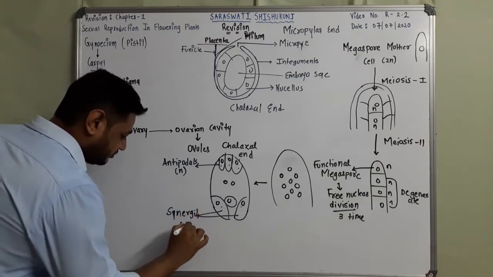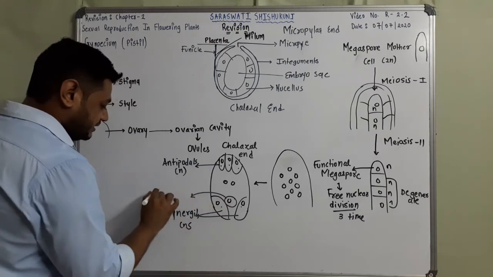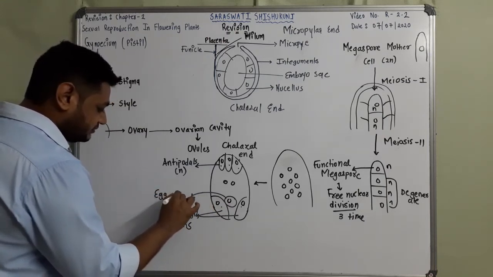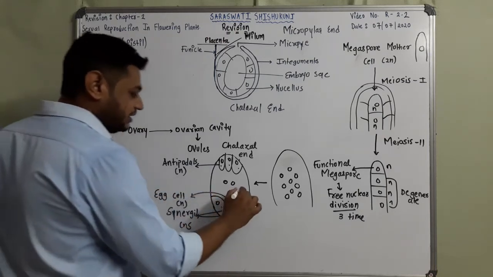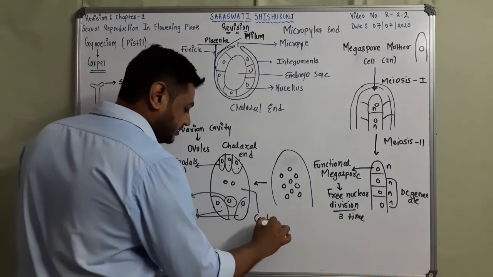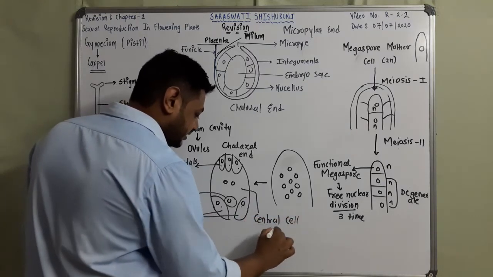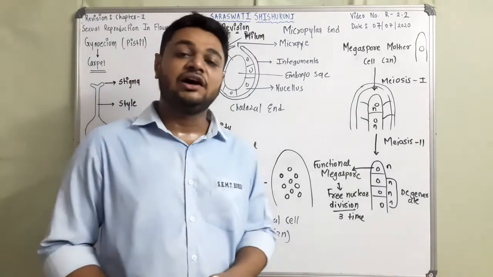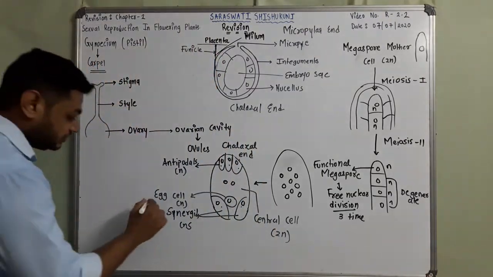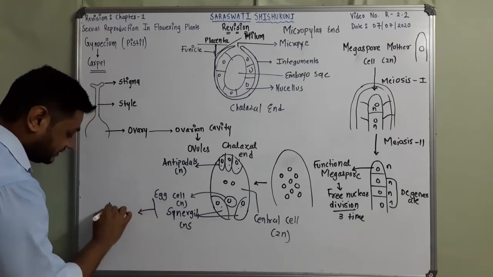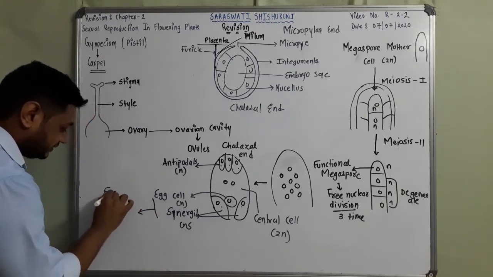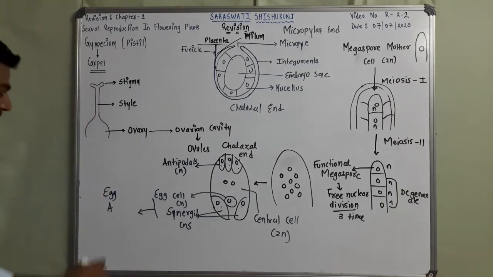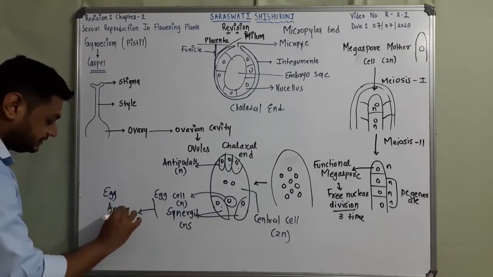These are also haploid. This is the egg cell, that is also haploid, and this one is the central cell. The central cell is always 2n. Why? Because two nuclei are present in the cell. So these three are referred to as the egg apparatus.